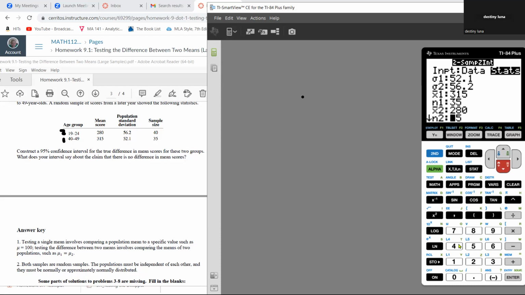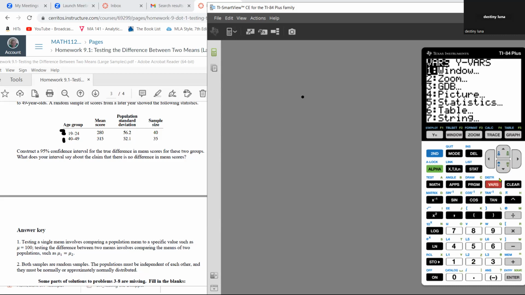I'm going to take an extra minute and check that. So 52.1 is sigma 1, and 56.2 sigma 2. X bar 1 is 315. N1 is 35. X bar 2 is 280 and 40.